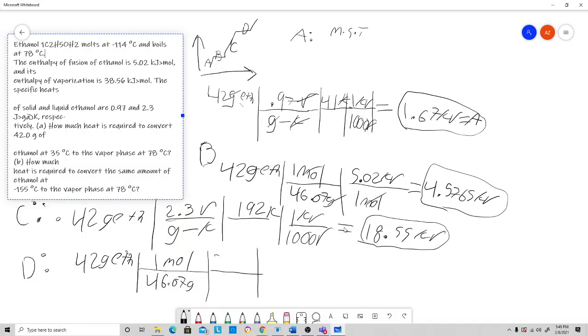Seems like a lot. And that's going to be 35.153 kilojoules.